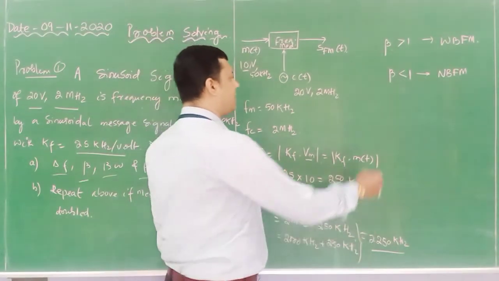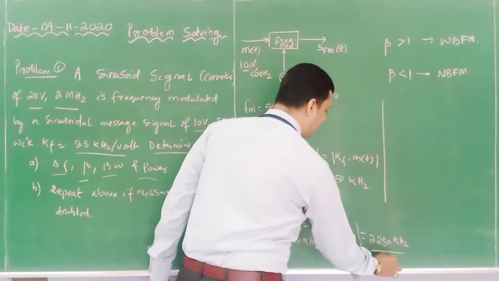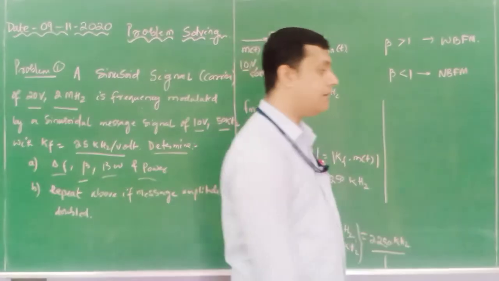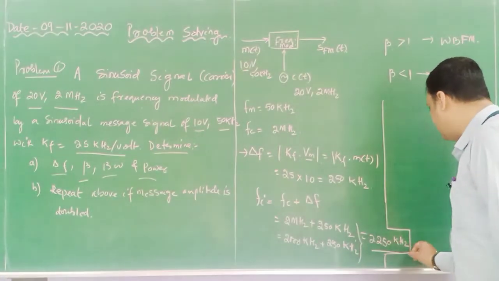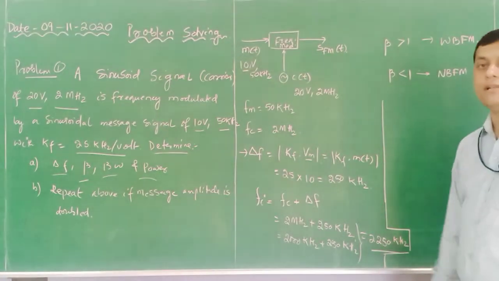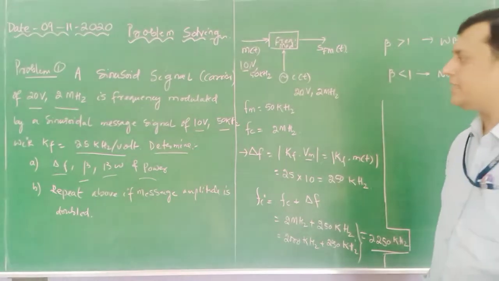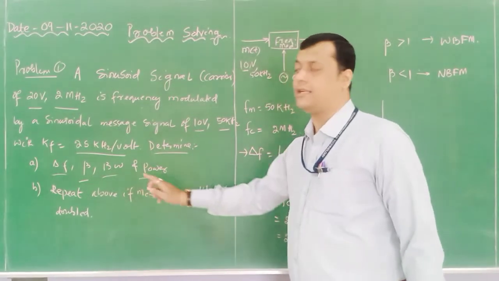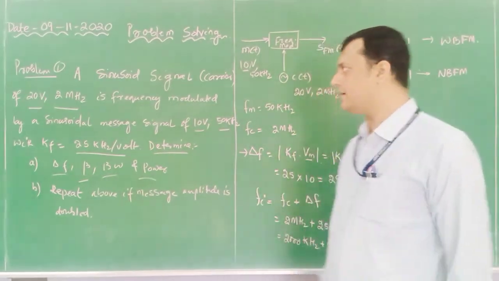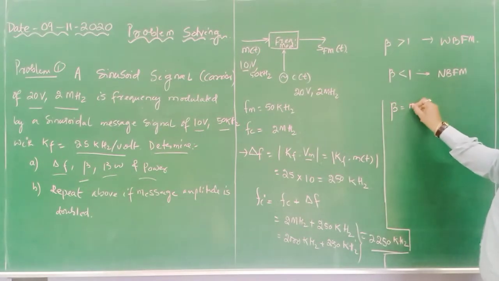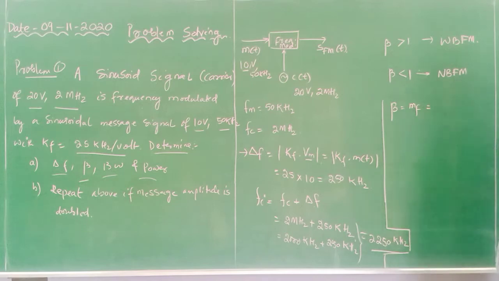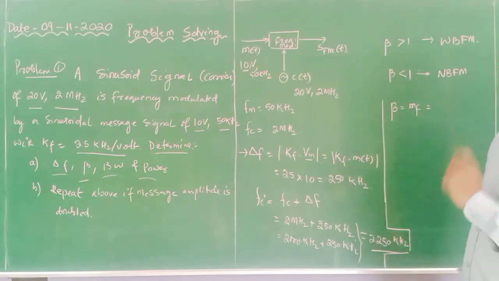Next we need to determine our modulation index, because depending upon that we are going to decide how to proceed for the bandwidth and the power content. This modulation index is also written as beta or mf.